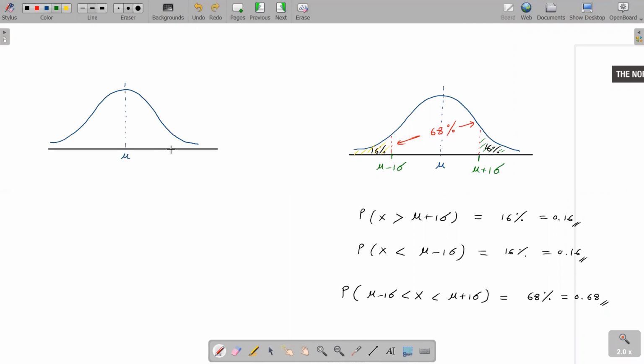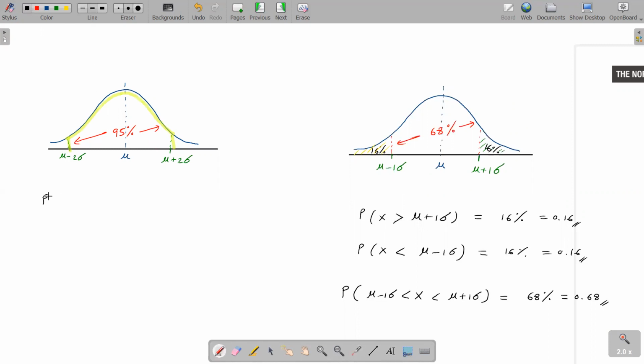You can see they are saying that within 2 standard deviations, you will find how much data? 95% of the data will be within 2 standard deviations. So between mu minus 2 sigma and mu plus 2 sigma, you will find 95% of the data in between these two. Is this clear?